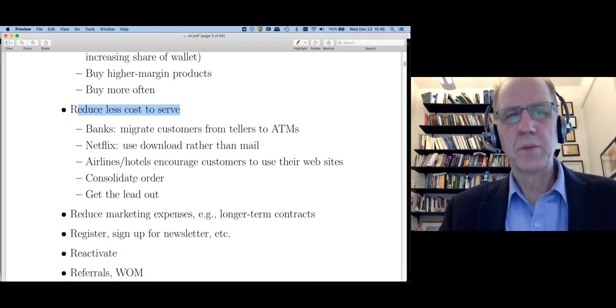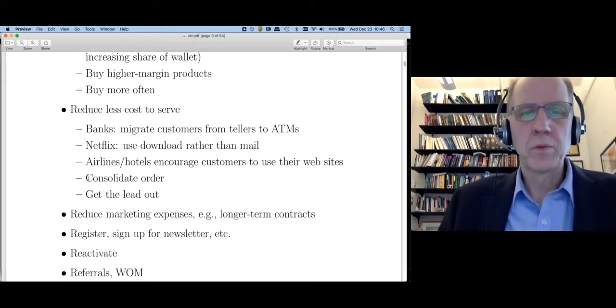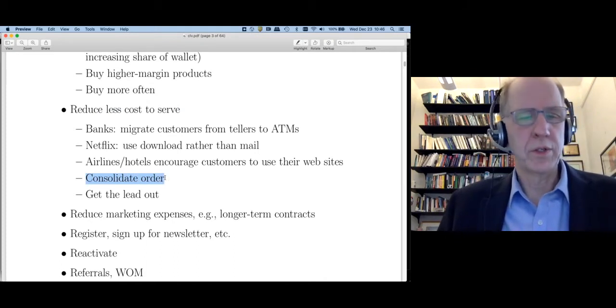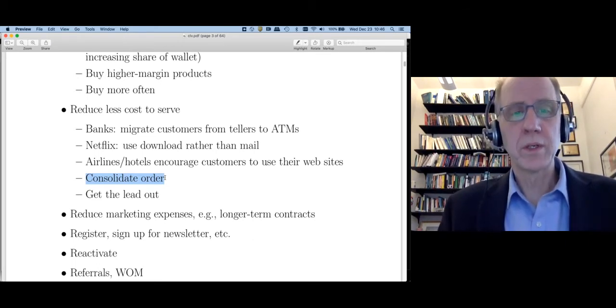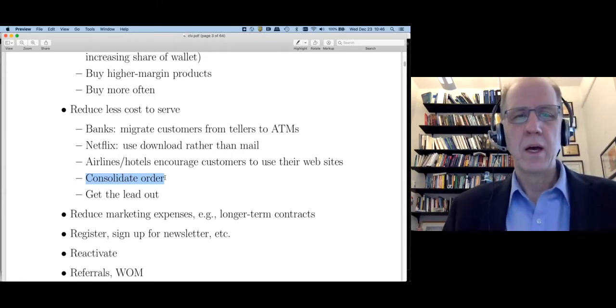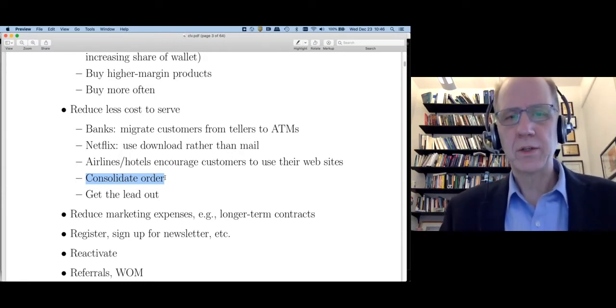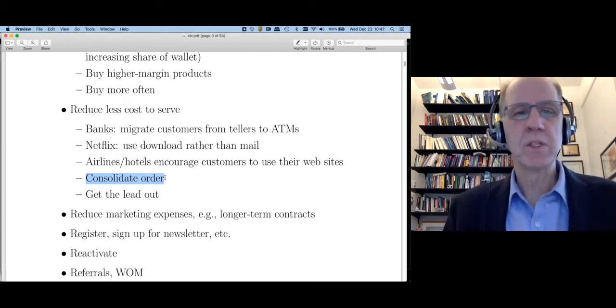Sometimes these reductions in cost to serve are not as obvious. So we actually worked with a grocery delivery service once where they had many customers who placed very small but frequent orders, and that turned out to be not very profitable because if I spend $50 or if I spend $200, the cost of getting the delivery truck out to my house is the same.